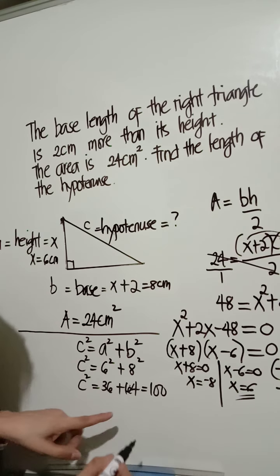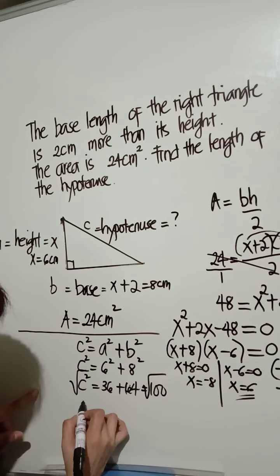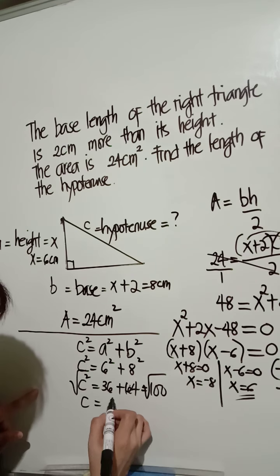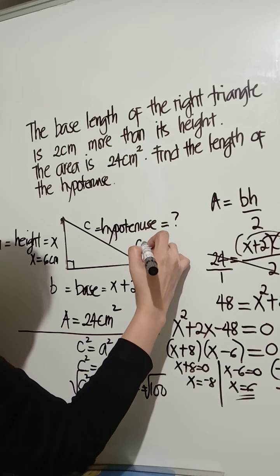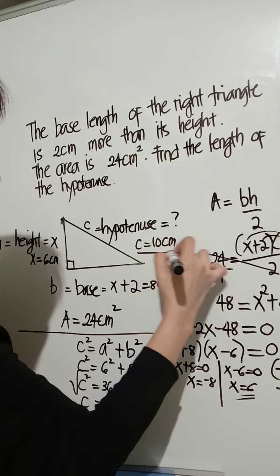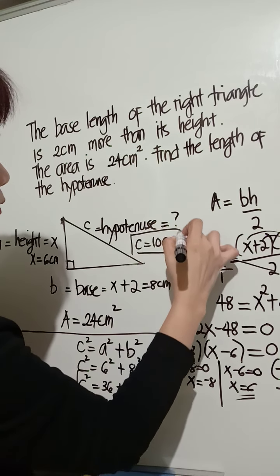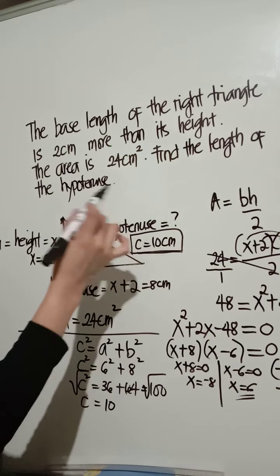And then by extracting square root, the hypotenuse, square root of 100 is 10. So, the hypotenuse C is equal to 10 centimeters. Okay, and that is the solution for this problem.